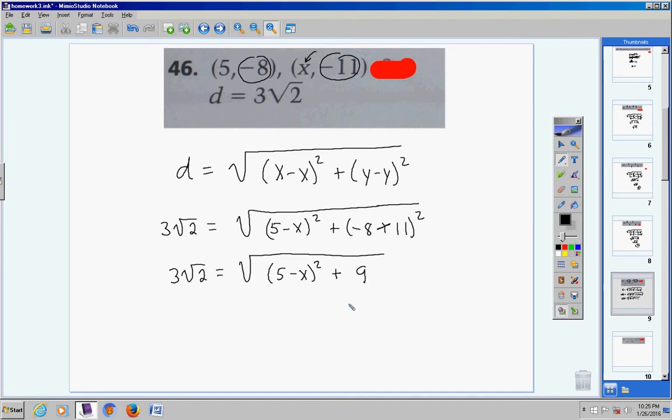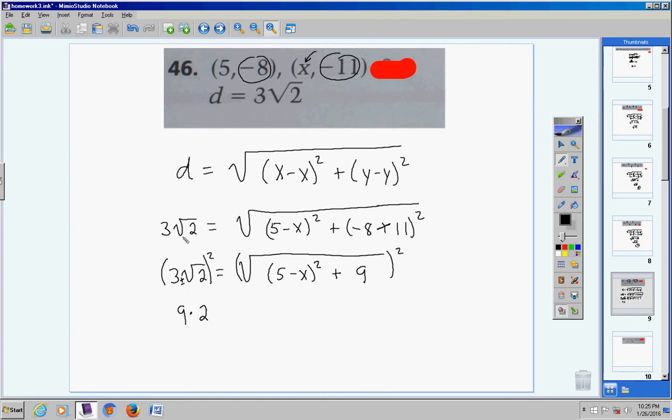Now, next, I don't like these radicals, so I'm going to square this side. And I'm going to square this side to get rid of the square roots, okay? Now, when you square a square root, you're left with the radicand. But notice you also square the 3. That's a 9. And they're multiplied, okay? Do you see that? We're squaring this, and we're squaring this. Now, you could not do that if there was a plus or a minus sign here.